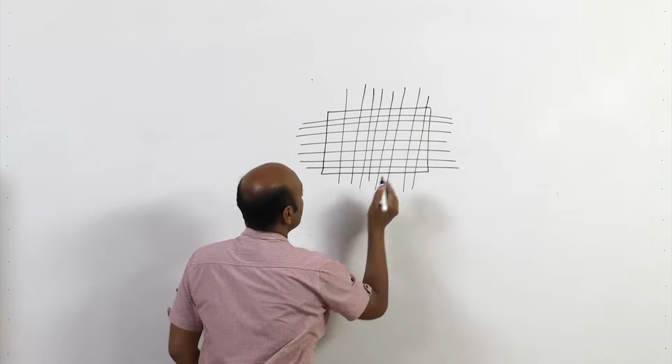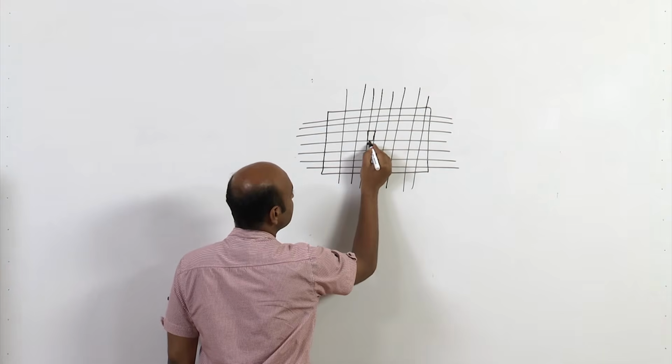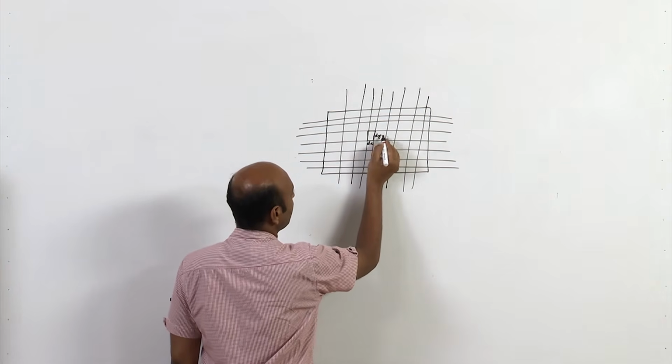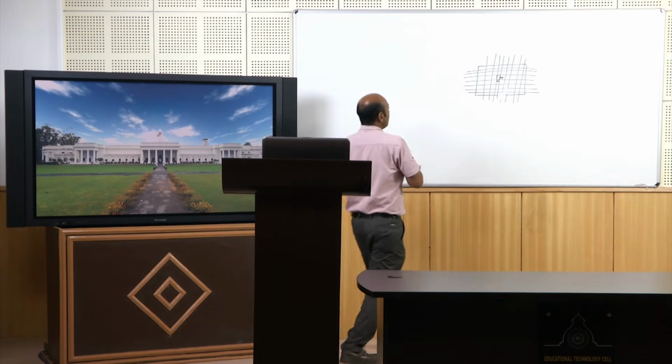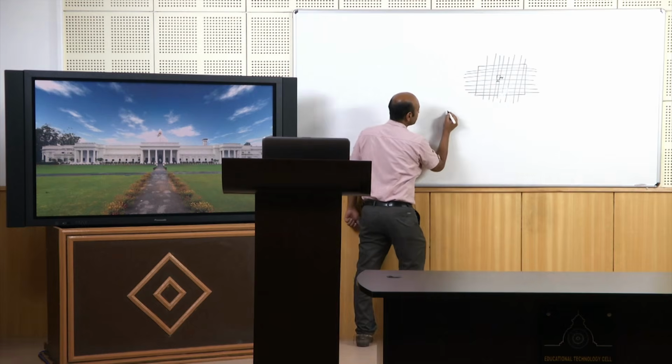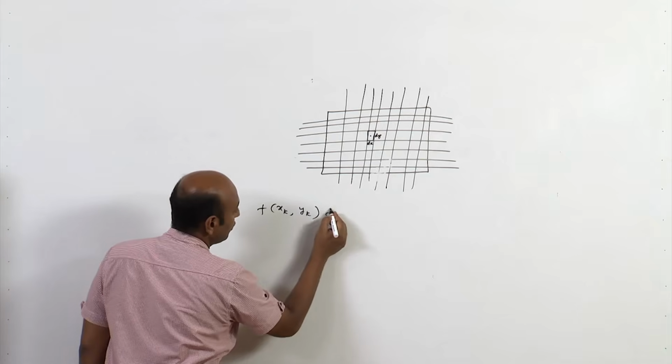Now we take a small portion, say this is dx and this is dy, and in this small portion take a point, say (xk, yk). The functional value at this point is f(xk, yk), multiplied by dx dy.